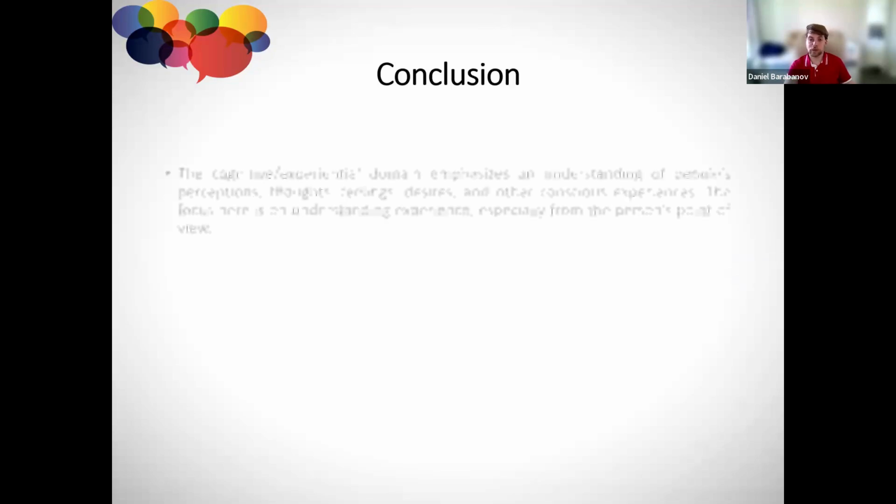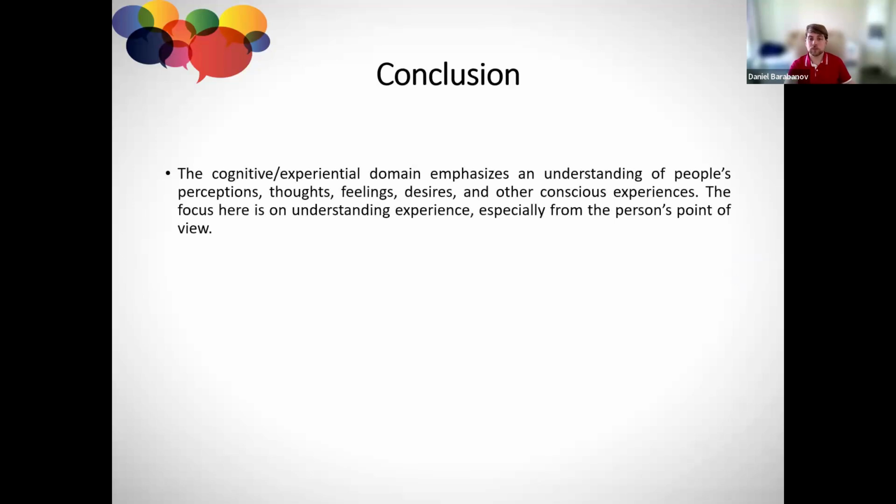So, conclusion for this lecture on self, right? What we have learned. First, in general, the cognitive experiential domain emphasizes an understanding of people's perceptions, thoughts, feelings, desires, and other conscious experiences. The focus here is to understand those experiences, especially from a person's point of view.